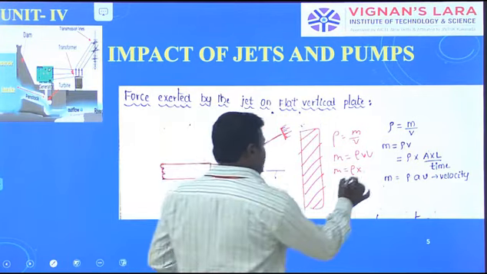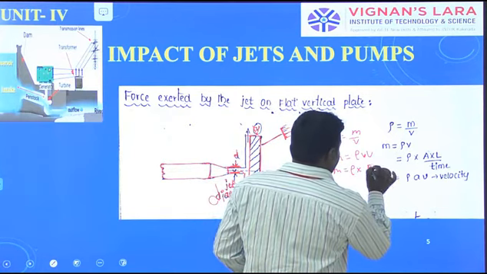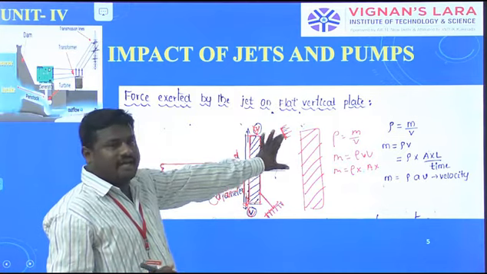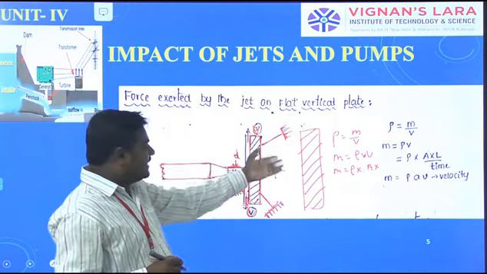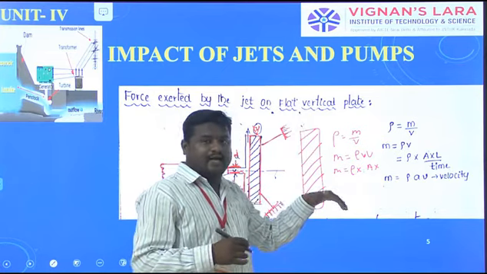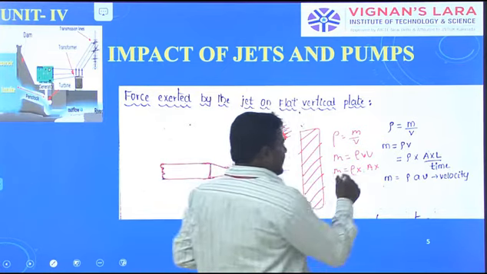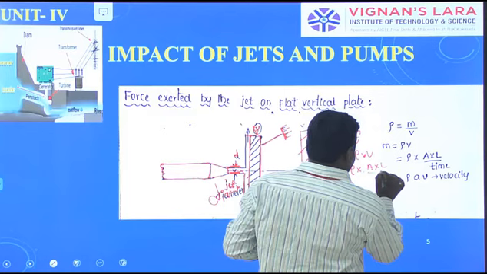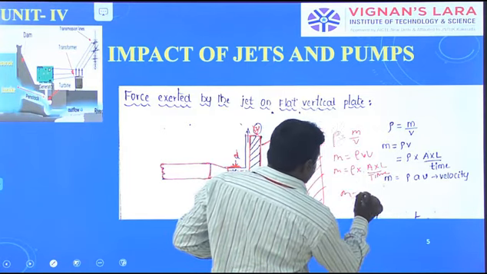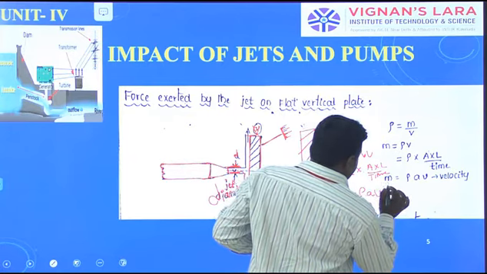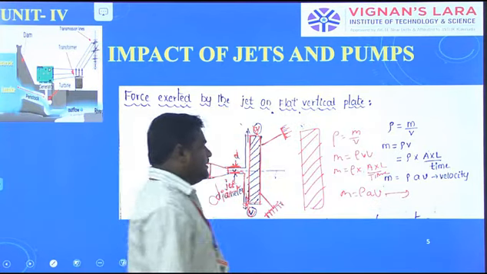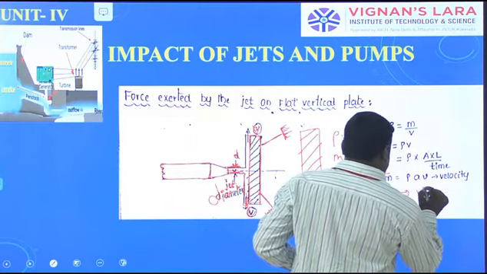The area is that of the cross-section of the jet. So the mass equals rho A V, where V is the velocity.